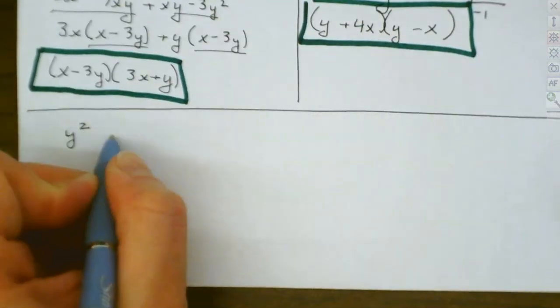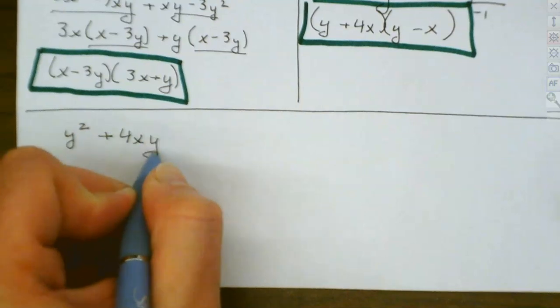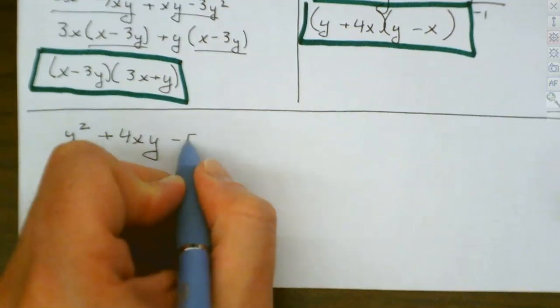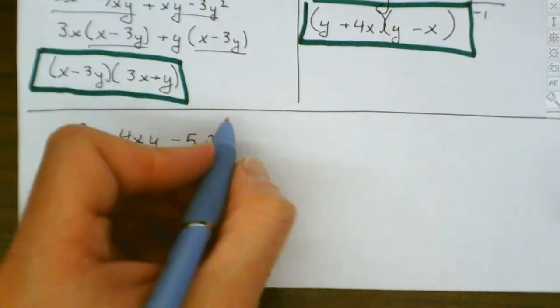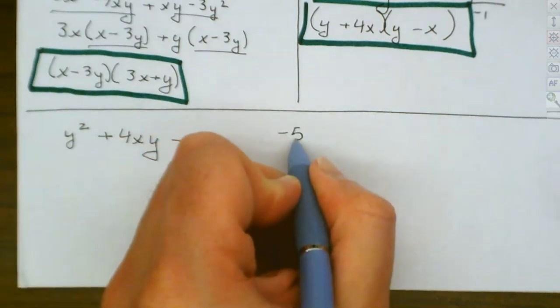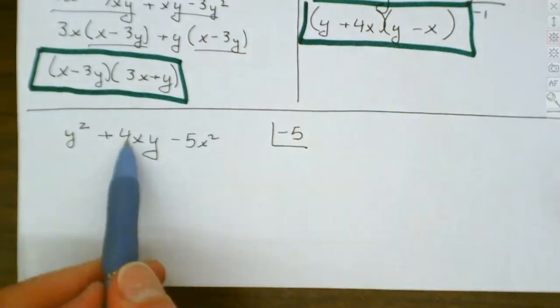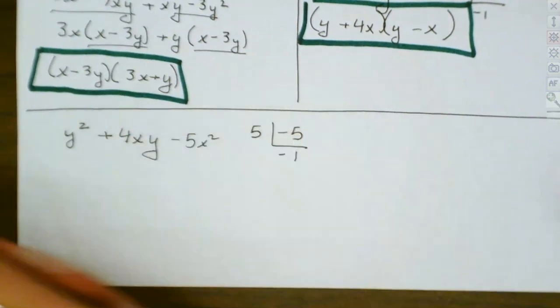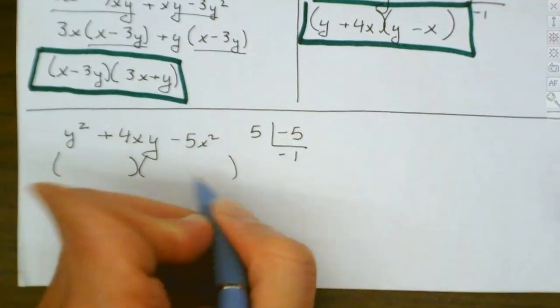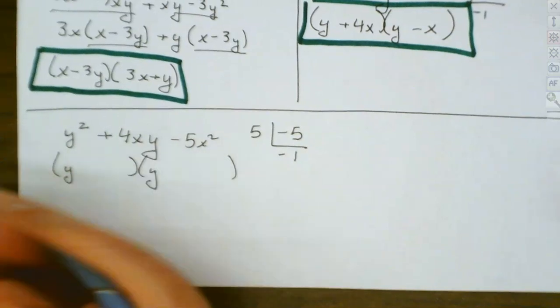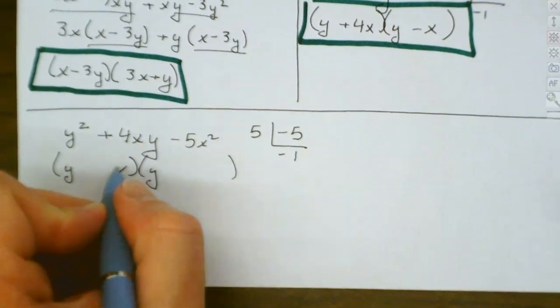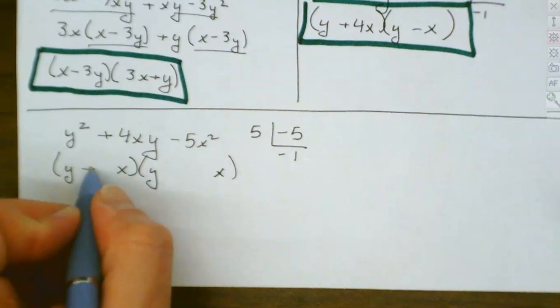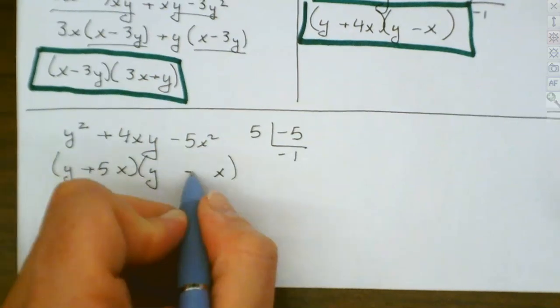So that one, we should be able to jump directly to our factors again. First times the last is a minus 5. We need a 4. So how about we use 5 and minus 1? Jumping to our factors, we have y and y, x and x here, and then we have a 5 and a minus 1.